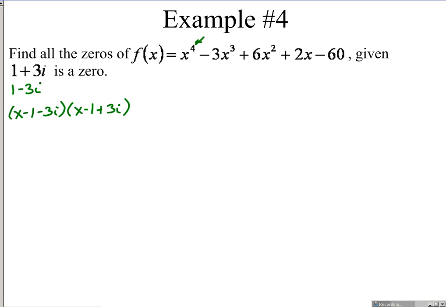Distribute x through. We get x squared minus x plus 3xi. Distribute negative 1 through, minus x plus 1 minus 3i. Distribute negative 3i through, minus 3xi plus 3i minus 9i squared.